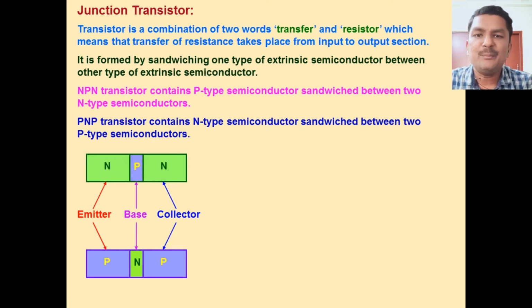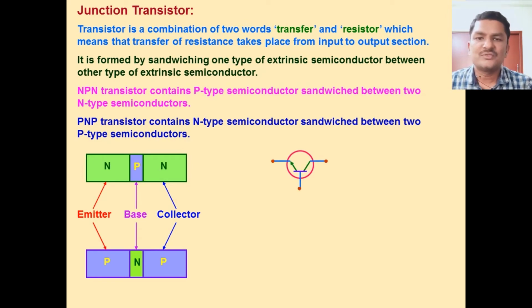So in an NPN transistor, the base is p-type semiconductor, the emitter is n-type semiconductor, the collector is n-type semiconductor. In the case of a PNP transistor, the base is n-type semiconductor, the emitter is p-type semiconductor, the collector is p-type semiconductor.